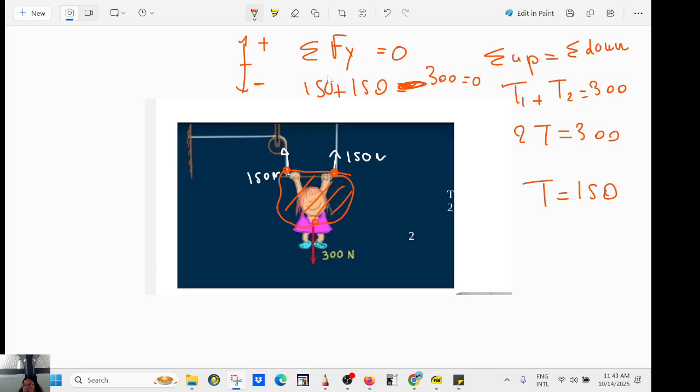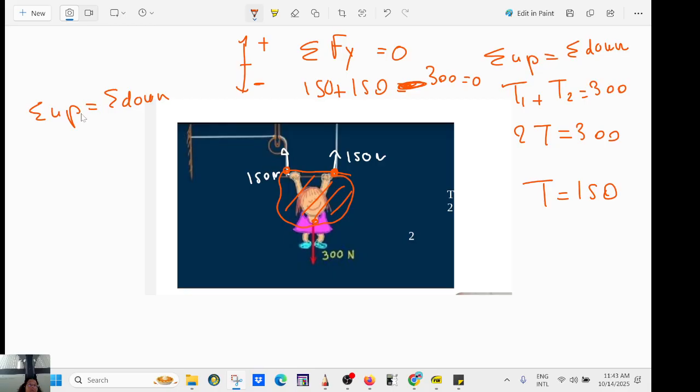So this is the book way. So in that case, yes, there will be a sign involved. Or we can just say up equals down. If you do it this way, you don't have any sign. It's just the magnitudes.